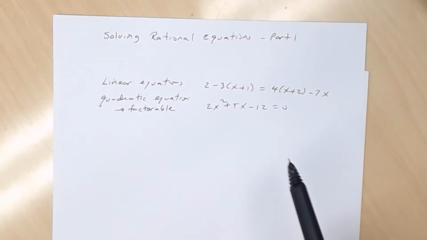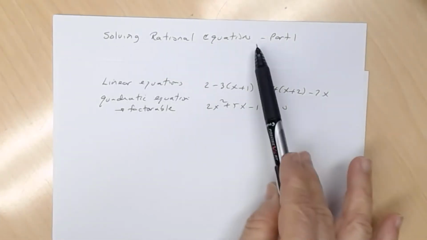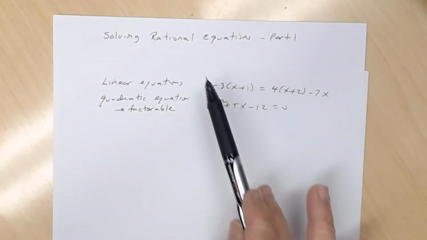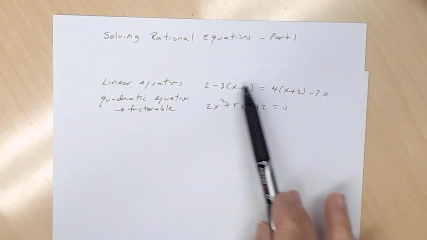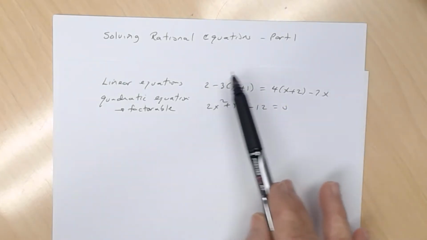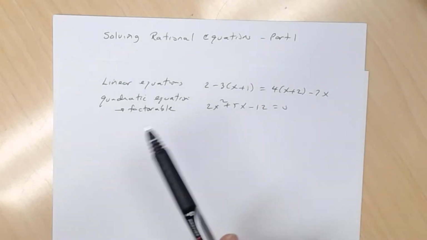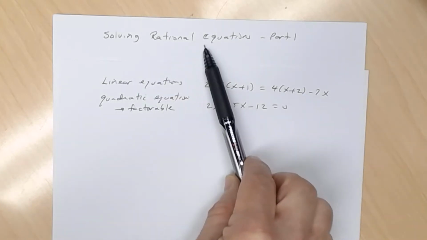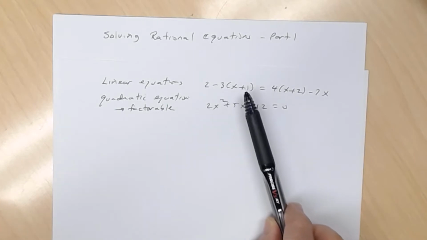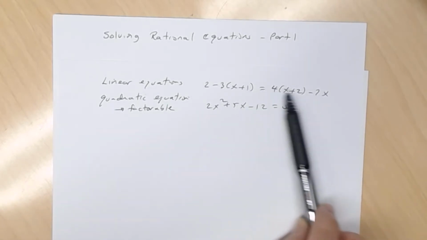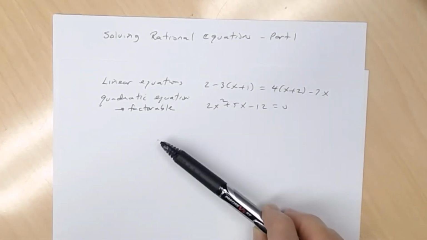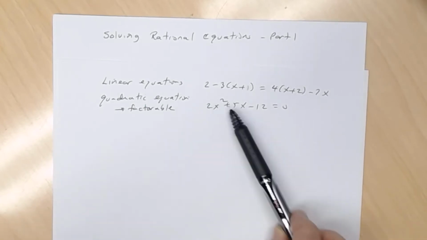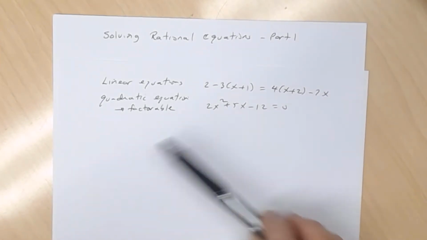Now, when we actually do part 1, you're going to see we're going to do these again. It'll be part of this process. But the point being that in order to be able to solve rational equations, you have to remember how to solve a linear equation that looks like this, and how to solve a quadratic equation by factoring that looks like this.